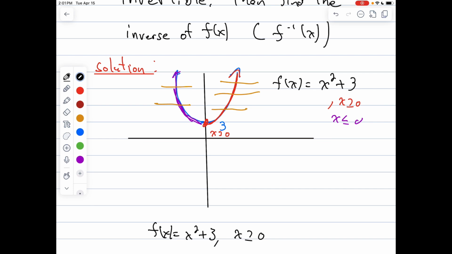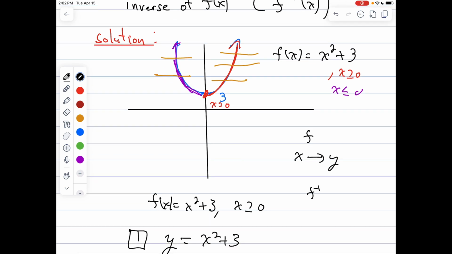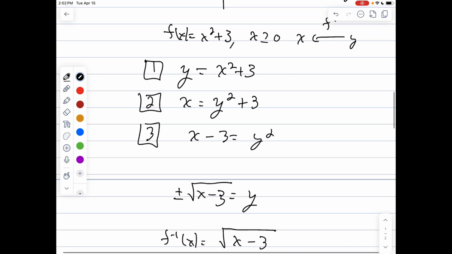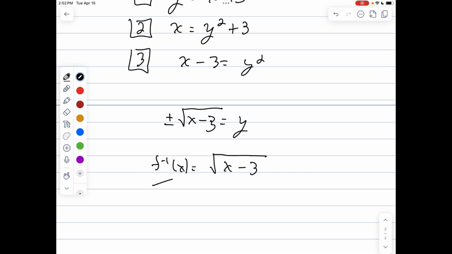When you look at the domain of a function, your inputs are x's and your outputs are y's. For an inverse function, the inputs are y's and the outputs are x's. So I want my x's to be positive, so what I want is for this right here to give me positives, and that's why you choose the positive, and there you go.